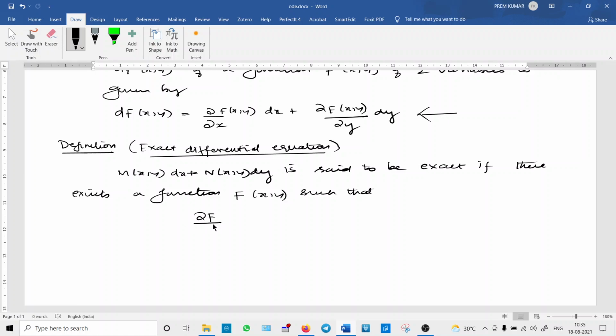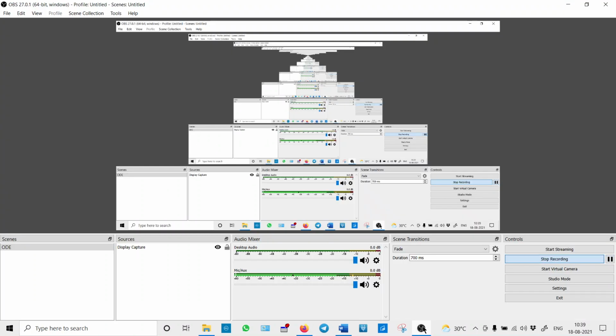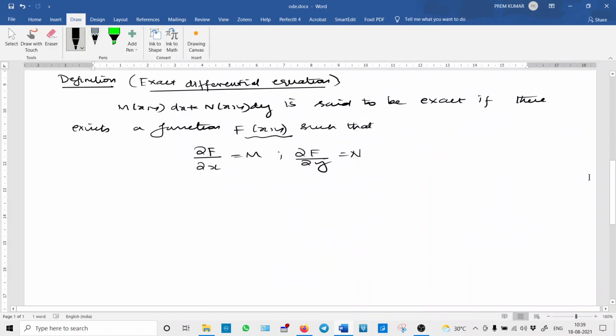That is, dou F by dou x equals M and dou F by dou y equals N. So this differential form is said to be an exact differential form if there exists a function F such that dou F by dou x equals M and dou F by dou y equals N.